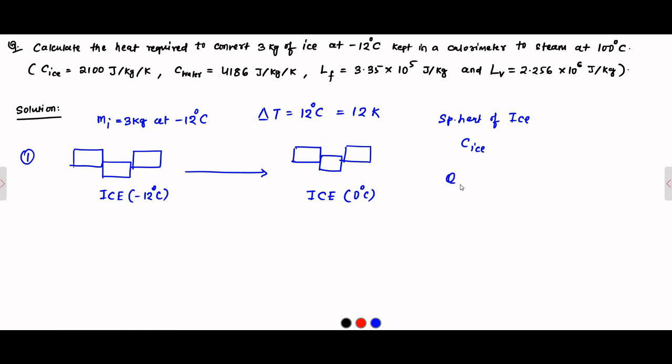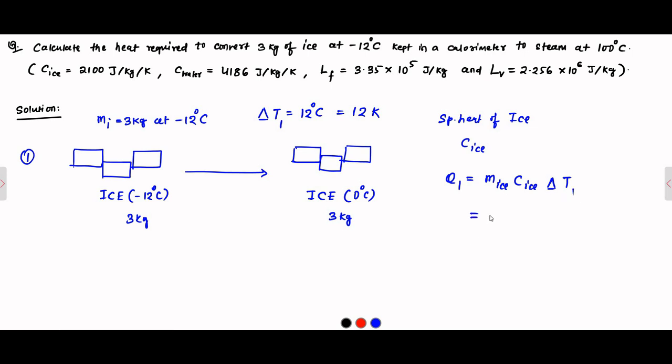So the heat required for transition from 3 kg of ice at minus 12 degrees Celsius to 3 kg of ice at 0 degrees Celsius, same mass, is equal to m times C ice times delta T. Let's use the subscript delta T1 for the first step.